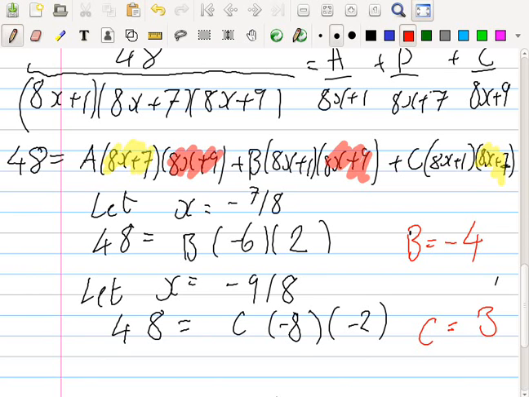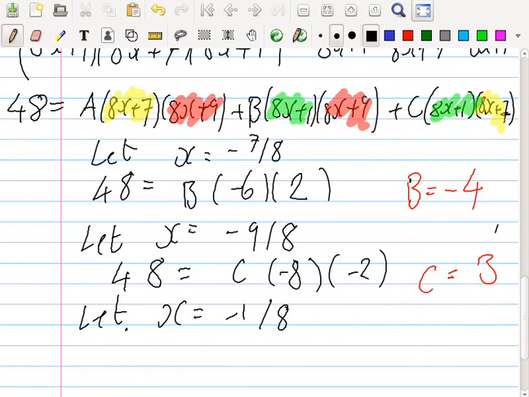What's left to get now? A, isn't it? Yeah. So, no surprises here. I should say ax plus 1, I want to make that 0, so I should say x equals minus 1 over 8. So now again, let x equal minus 1 over 8.